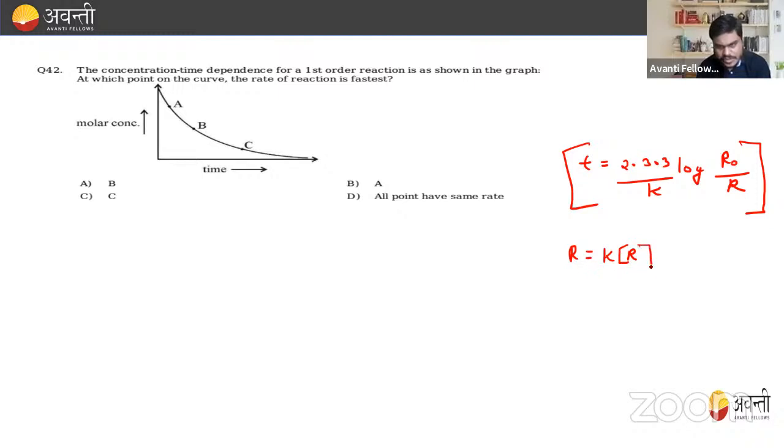That is this one, right? Okay. Now we know that for the first order reaction, the speed of the reaction is fastest at the beginning. It means when the reaction has just started, then the speed is maximum, right? Then the speed is maximum.